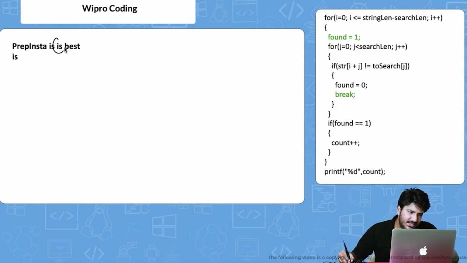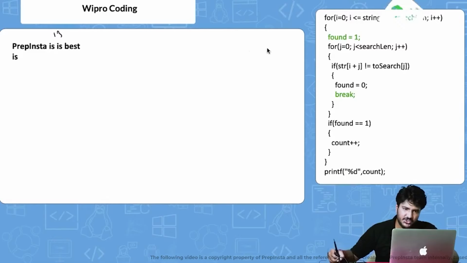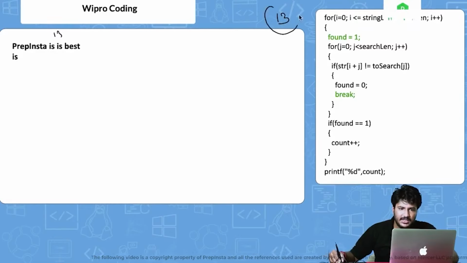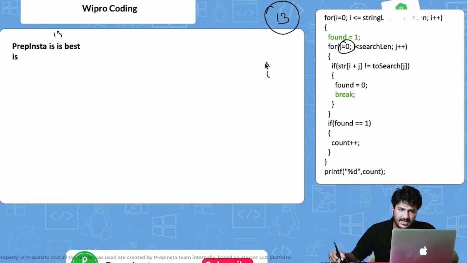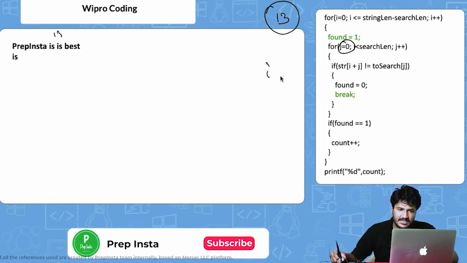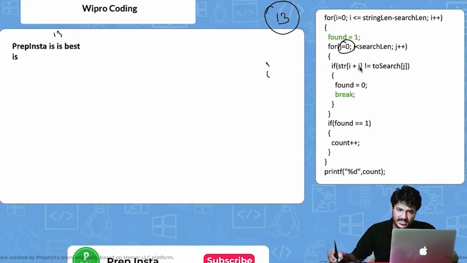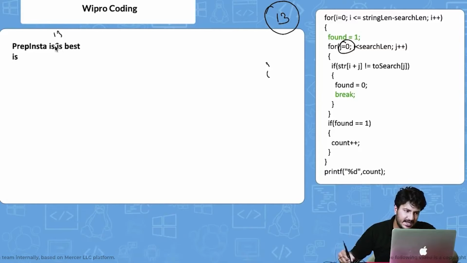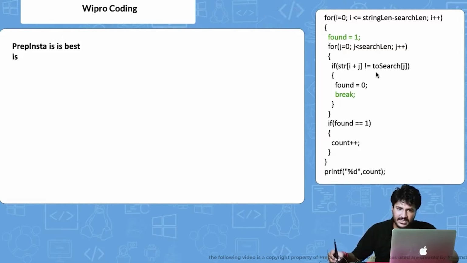Now again the same thing will happen for this s, which is basically at the 13th position. So i equals 13. Now again j equals 0, we are initializing. So 13 plus 0 is again this i. It will say this 0 is basically this i, so it is correct. It will iterate to the next step, j value will become 1.